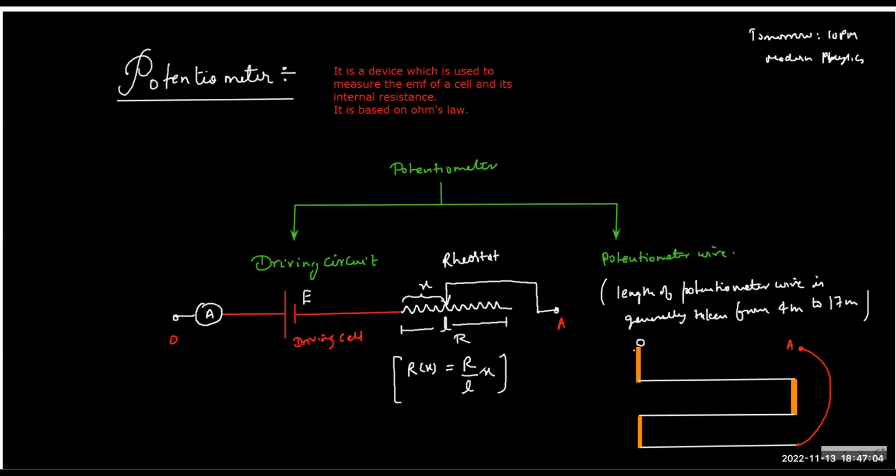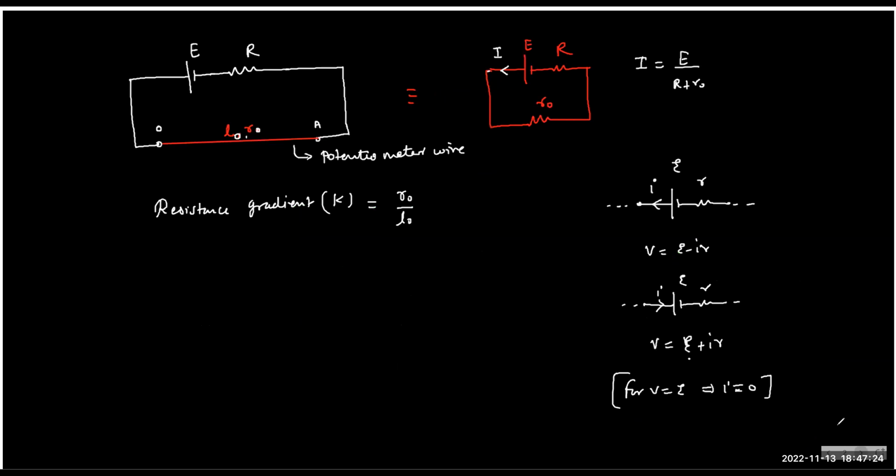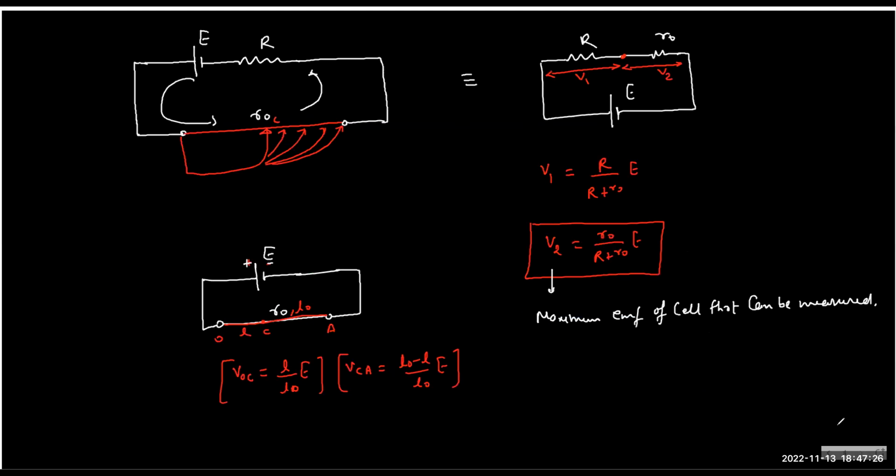Once again, if I make X equals to 0, then the potentiometer bar will have a potential difference equivalent to capital E. If you have realized this part, then you are done with the potentiometer. You can solve any question with ease.